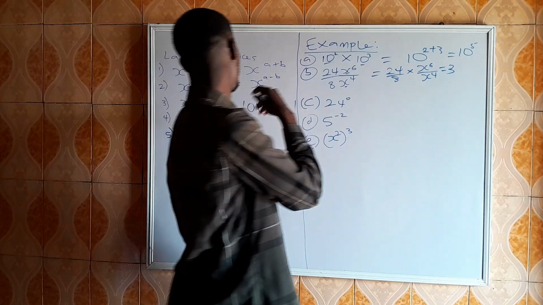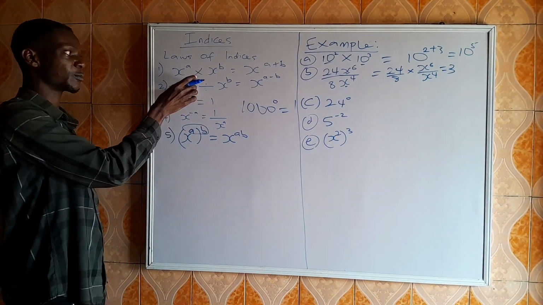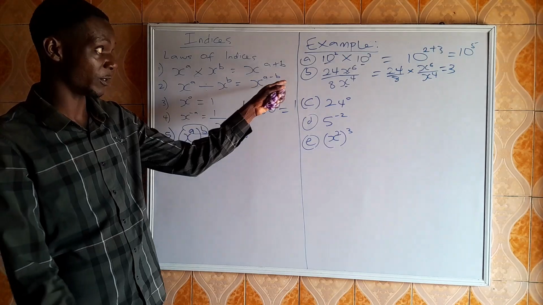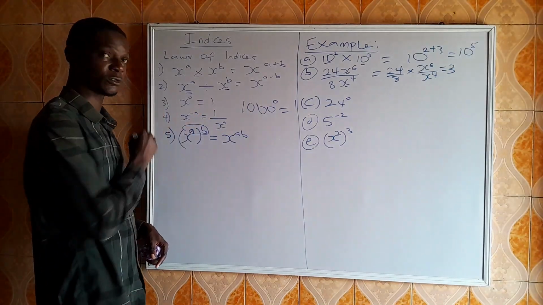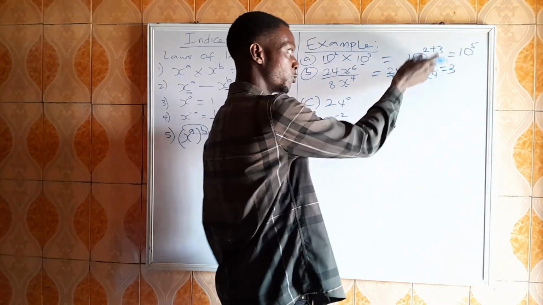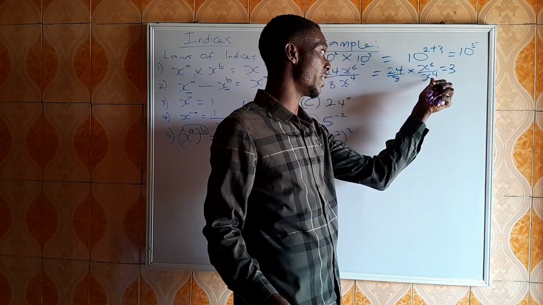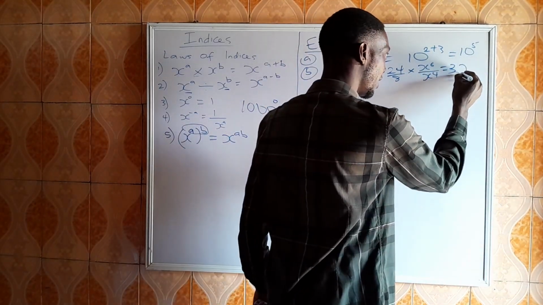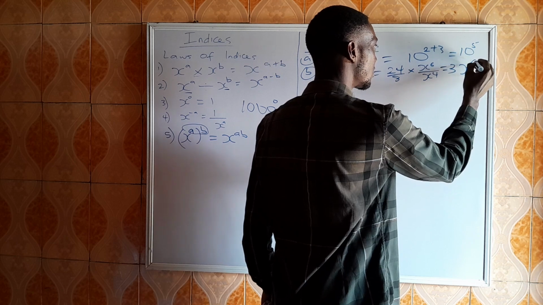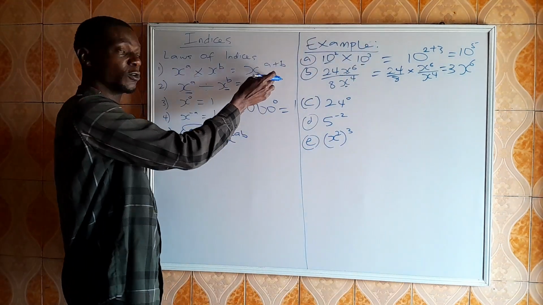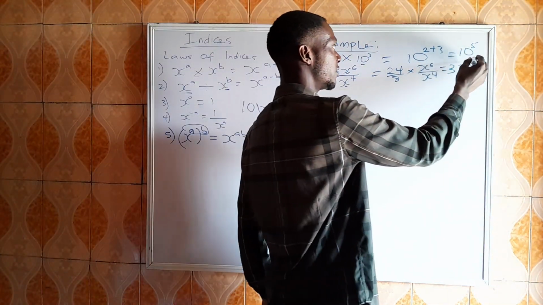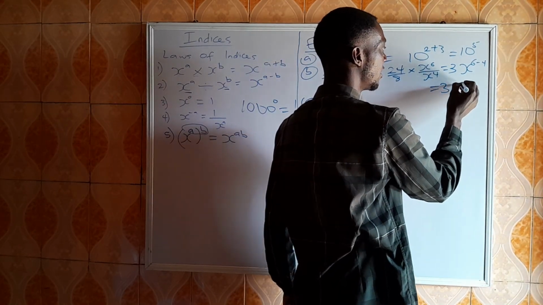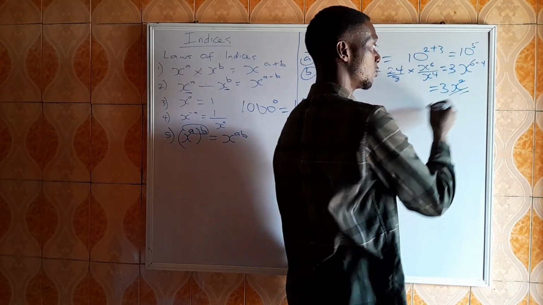Now, remember this rule, that when you have x raised to the power a divided by x raised to the power b, it becomes x raised to the power a minus b. They have a common base. Now this one too is x raised to the power 6 divided by x raised to the power 4, so they have a common base. The division will become subtraction, which is 6 minus 4. So you have this to be 3x raised to the power 2.